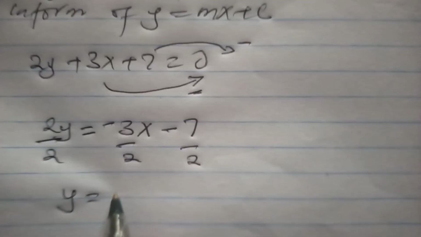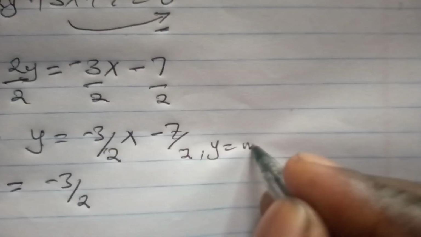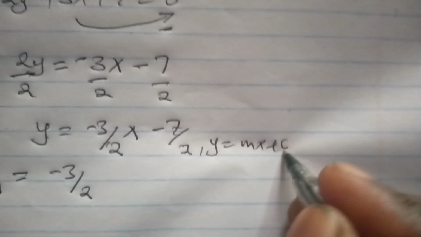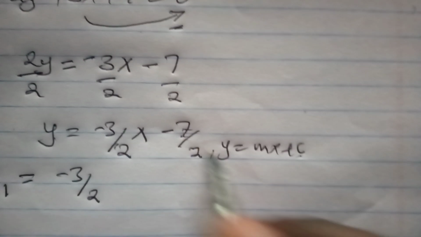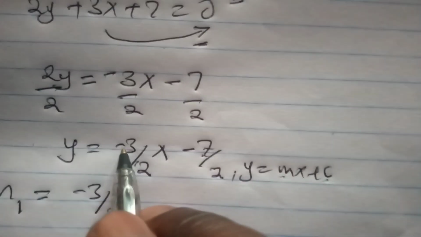So y equals -3 over 2 x minus 7 over 2. So here our m1 is -3 over 2, since this is in the general format of y equals mx plus c, where c is -7 over 2 and m is -3 over 2. So this is the gradient.